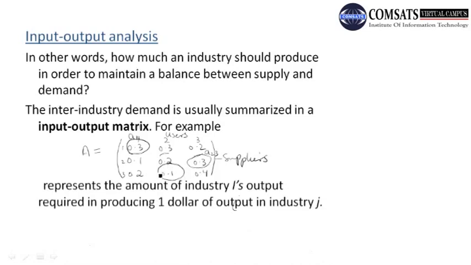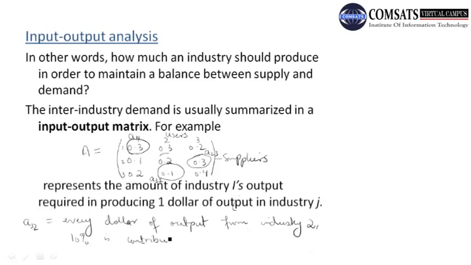Similarly, if we look at the entry A32, then A32 represents that for every dollar of output from industry 2, 10% is contributed by industry 3.